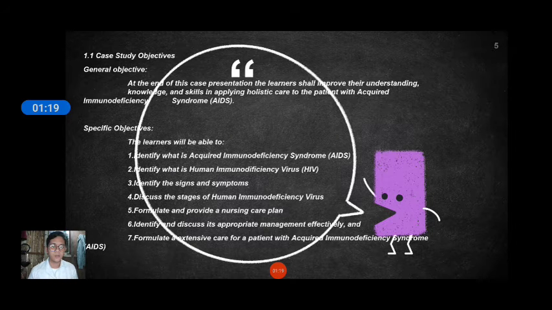Also will be able to define or identify what is human immunodeficiency virus, and also its signs and symptoms and the stages of it, and also to formulate and provide a nursing care plan, and identify and discuss its appropriate management effectively, and lastly, formulate an extensive care for a patient with acquired immunodeficiency syndrome.